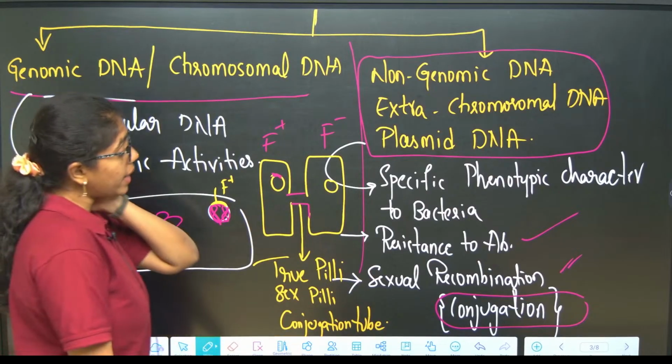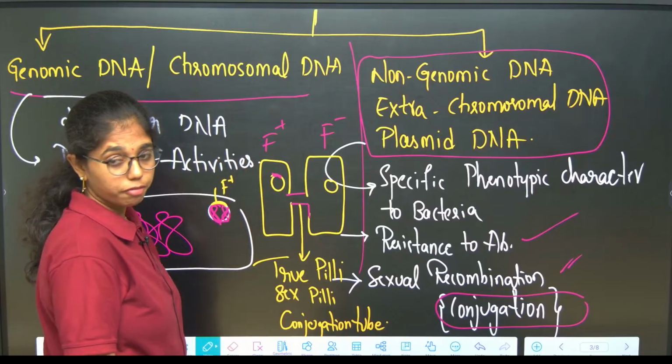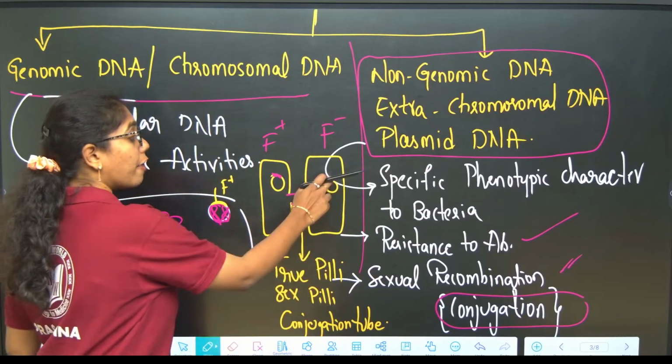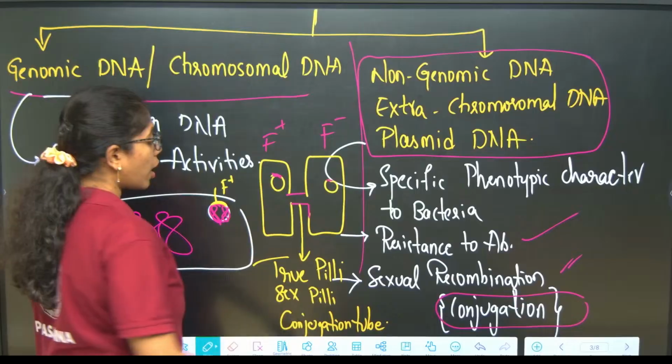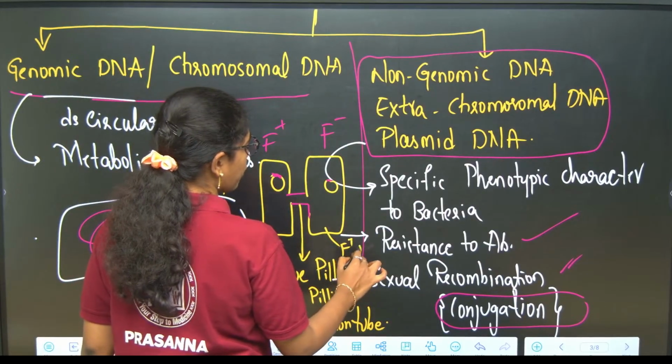As such, the F factor from the F plus strain of bacteria is given to the F minus strain, and the products will be F plus and F plus.